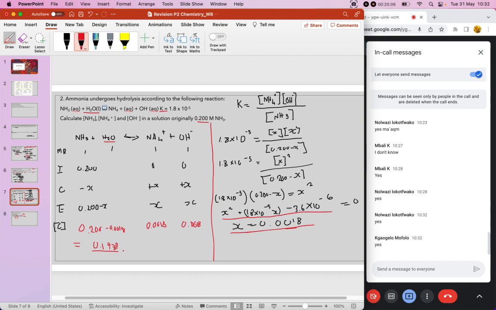So on questions like this, sometimes they can ask you to calculate the concentrations, and this is how you do it. I hope you guys understand, and you will be able to solve this type of question.